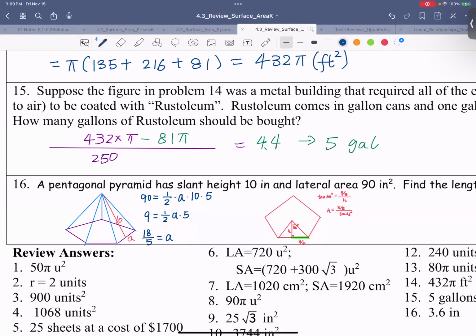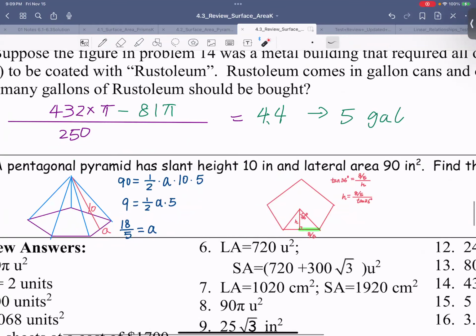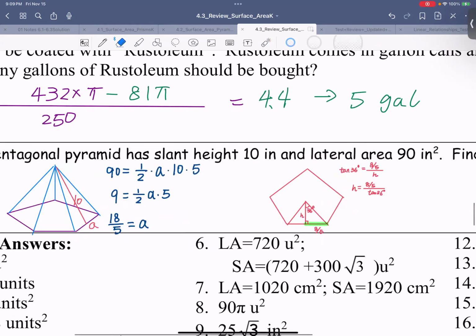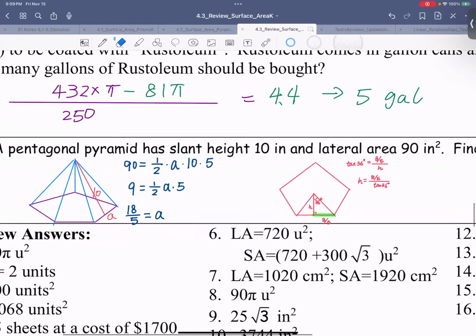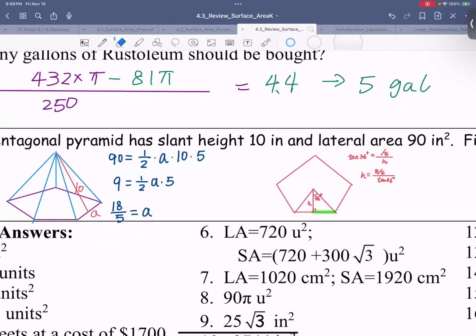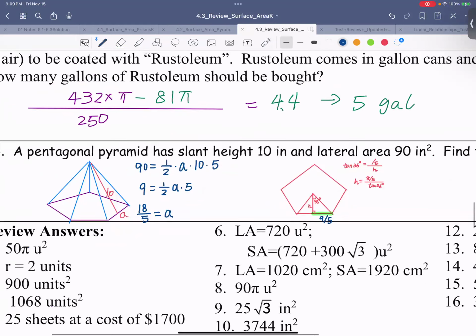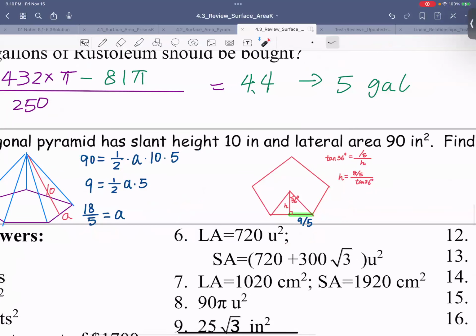Okay? Makes sense? And then next, this guy, after we do that, half of it will be 9 over 5. Yes? Half of that will be 9 over 5. So this is 9 divided by 5. And then we can do the tangent 36 equals to the opposite 9 over 5 divided by this.